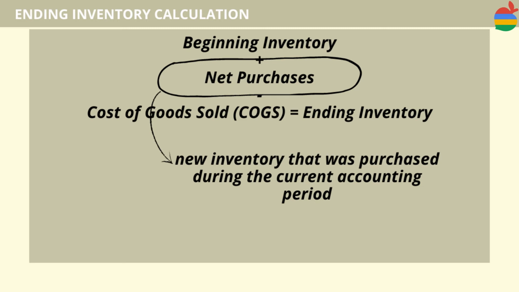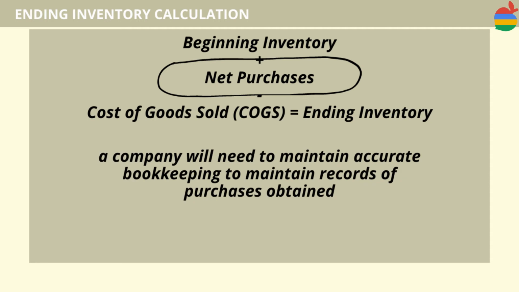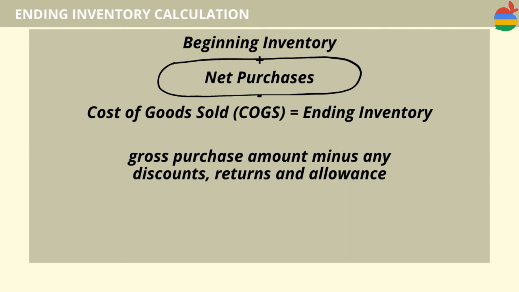Net purchases are the new inventory that was purchased during the current accounting period. A company will need to maintain accurate bookkeeping to keep records of purchases obtained. This is the gross purchase amount minus any discounts, returns, and allowances.